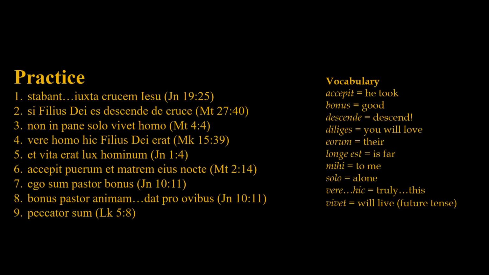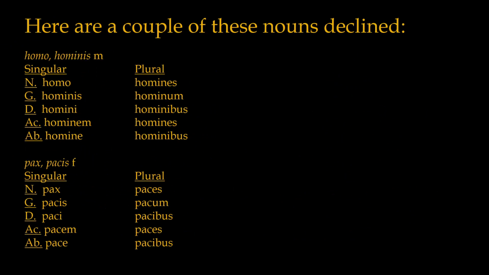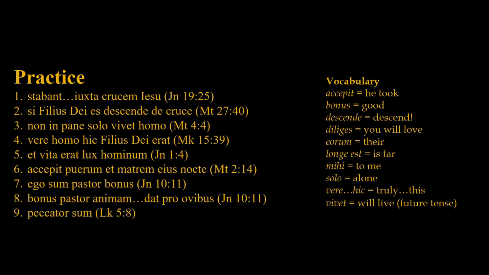Number 2: Si filius Dei descende de cruce. So there's crucis again. Let's go back and take a look. So descende de cruce, and you see that e ending there, so that would be in the ablative case, right? So, si filius Dei, that will look familiar to those of us who studied Spanish.